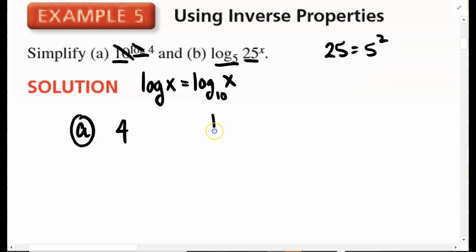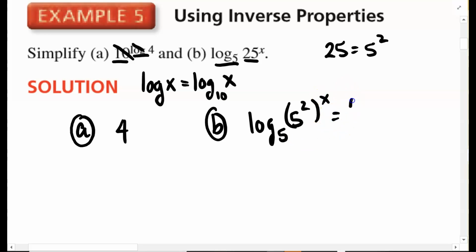So if we rewrote it, we would have log base 5 of 5 squared to the x, so that is 5 to the 2x, just to make that simpler. Log base 5 of 5 to the 2x. The log base 5 would cancel the base of 5, leaving us with 2x as our answer.